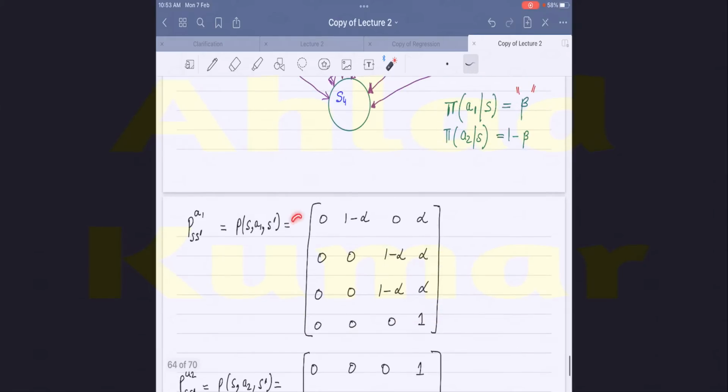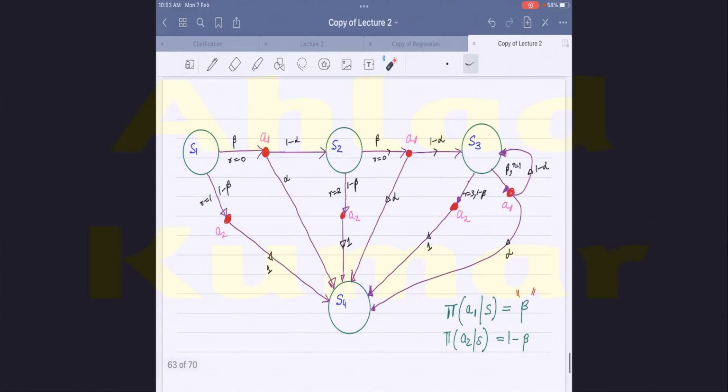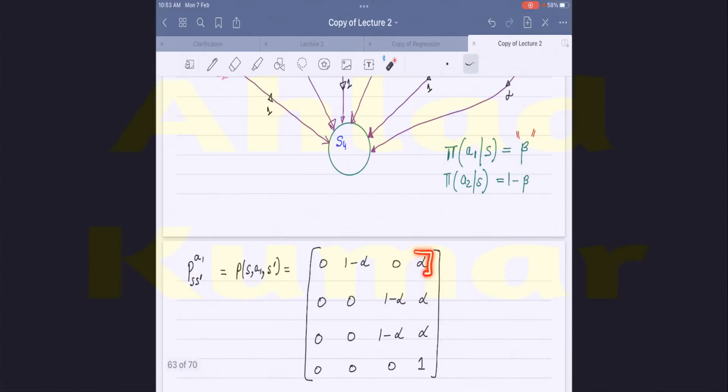But if you are in state S1 and you move to state S4, it is noted down to be the value alpha, so that we can check from here. You can see you are in state S1 and then you are moving to S4 by taking action A1. That value is given as alpha. So you can fill in that entry here.